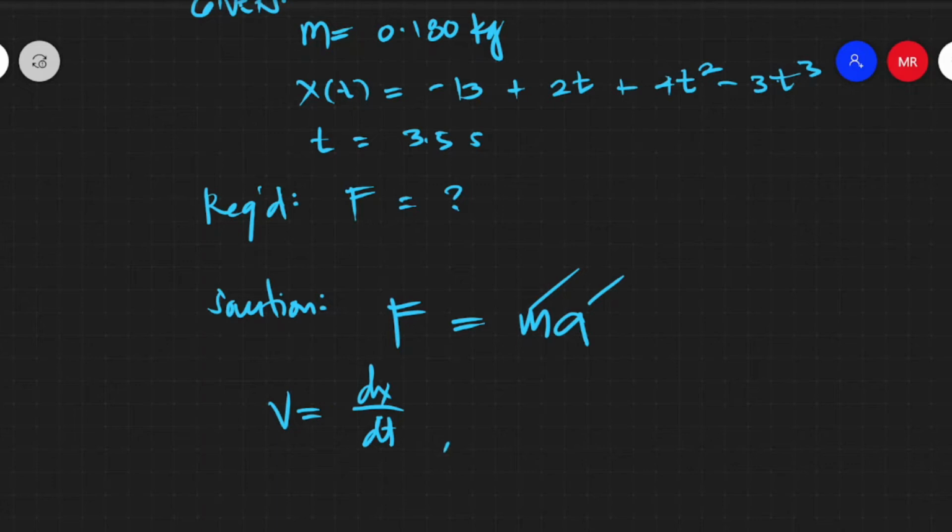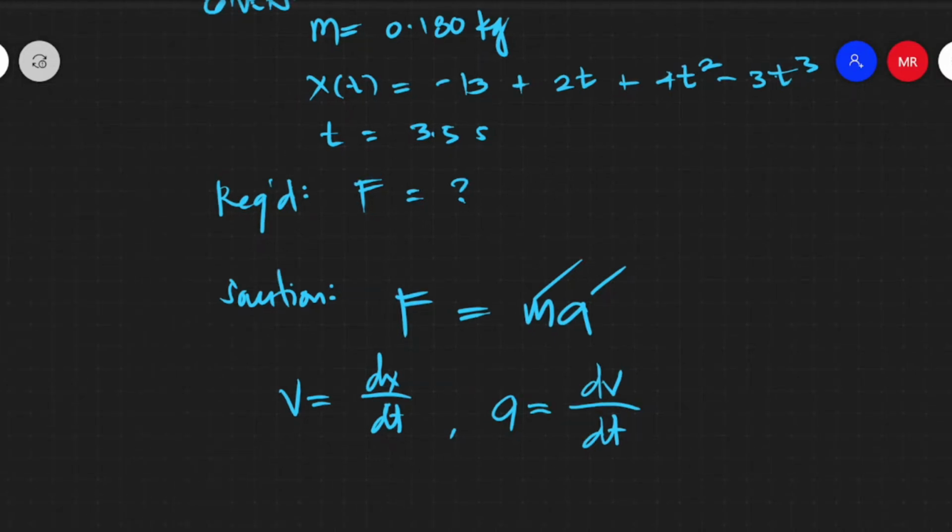The second derivative of this position function x is the acceleration, because acceleration is dv over dt, the derivative of velocity with respect to time. Actually, this is the second derivative of our position function. But let's do it one by one. Let us first get the velocity function of this given position function of x.